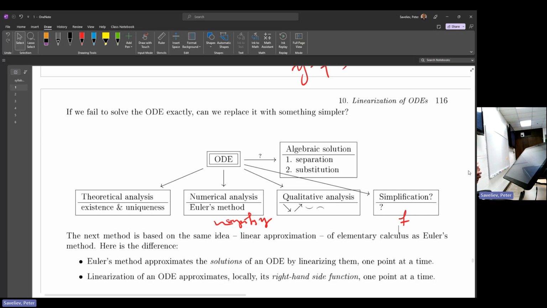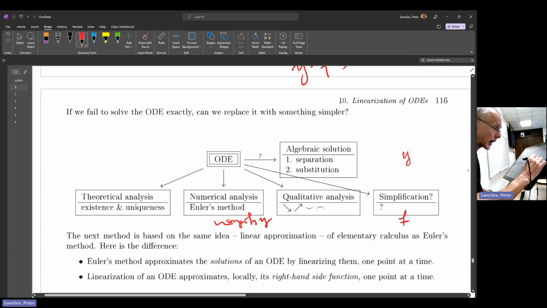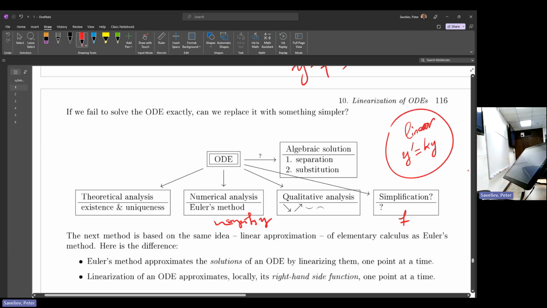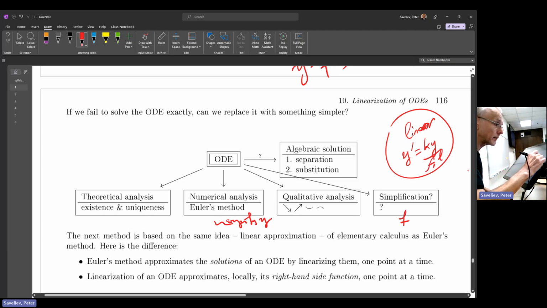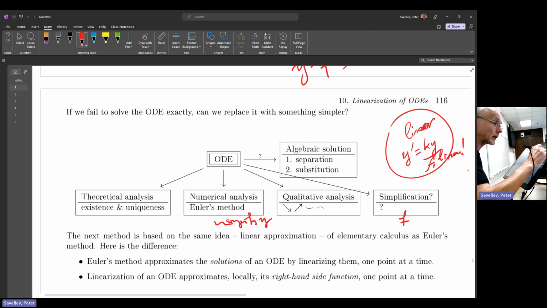A nonlinear function is replaced with a linear function. That is calculus 1. It is the tangent line again. And just to remind you, y prime is equal to ky. That's a linear one. We have solved this problem. Remember this one? This f is linear. This is my f, and it is linear. And it is solved.